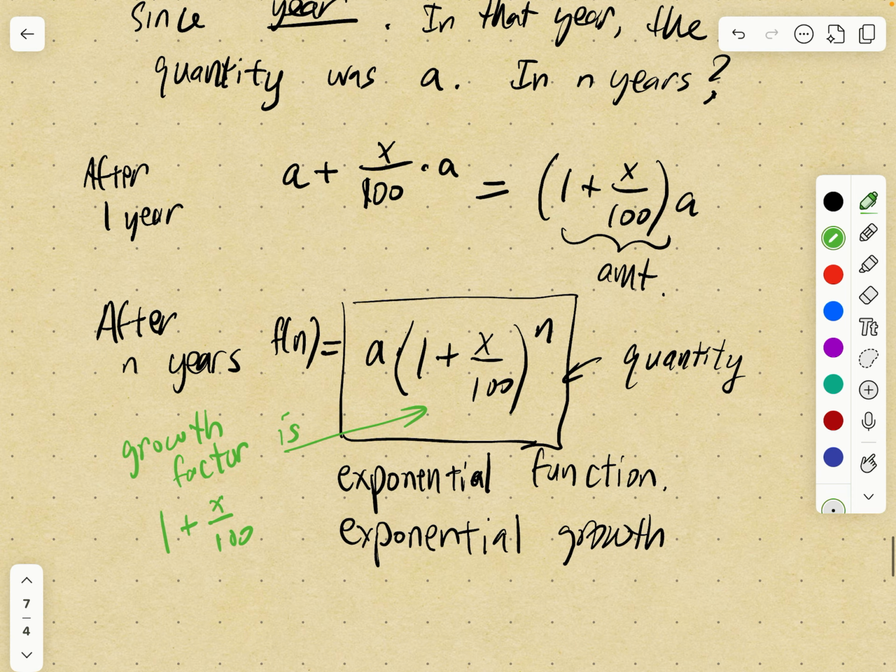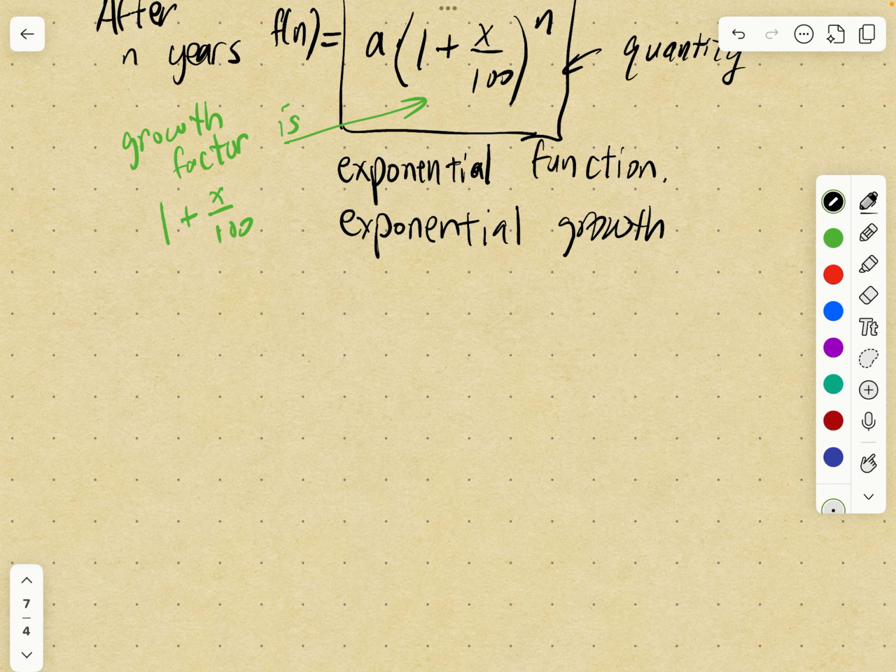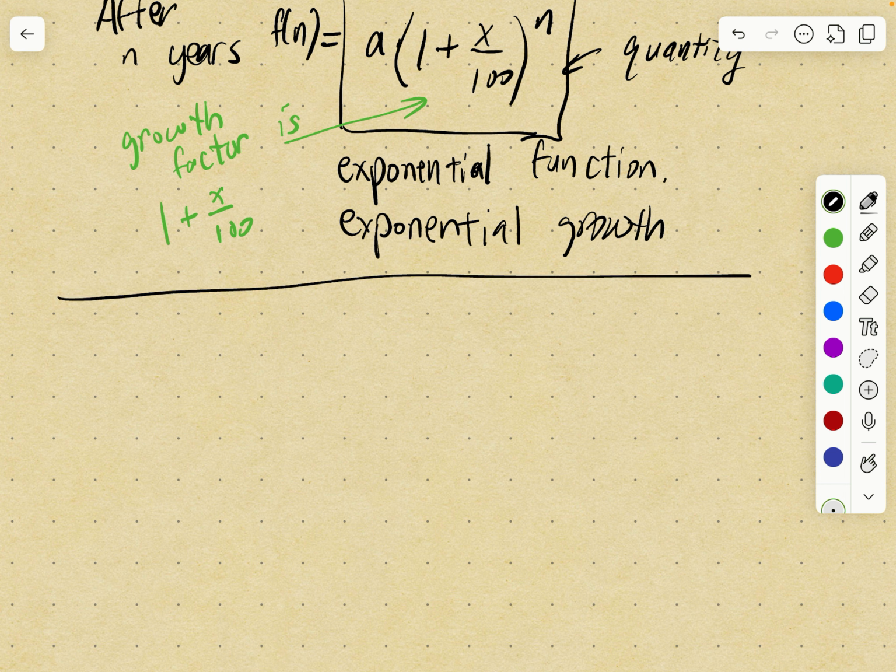Let's talk a little bit about exponential decay. Exponential decay is when b is less than 1, and that happens when you have a decrease. So suppose again that sales, instead of increasing, were decreasing by 5% a year.